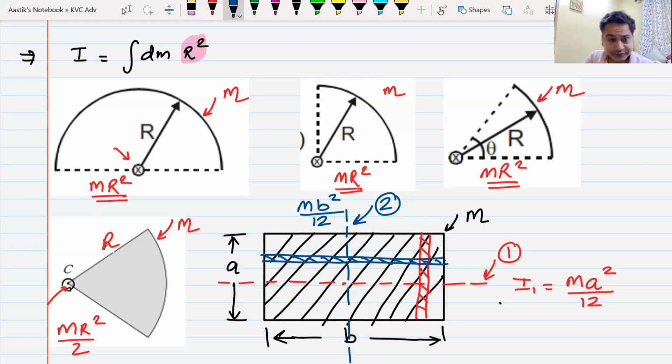Okay, now before going any further, because it's not possible for me to go any further without telling you the next steps. The next step that we are going to do is known as radius of gyration. So write the heading, radius of gyration. What is this radius of gyration?